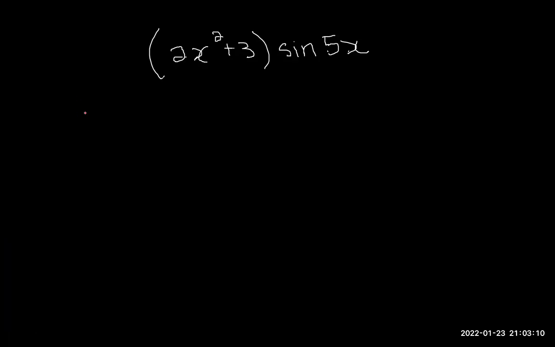What is the product rule? Do you know what the product rule is? Where you multiply what's in the brackets by what's outside of the brackets? Anybody know what the product rule is?